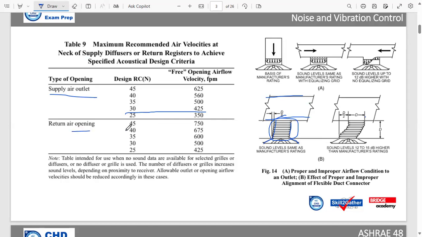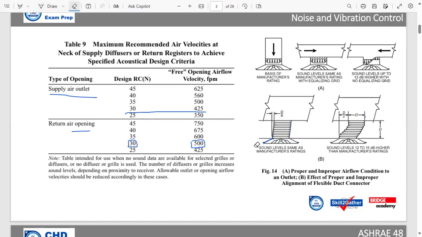At the return grille or return end, if we have NC level 30, the velocity allowed is 500 feet per minute. Okay. We also have to be careful about the connection.